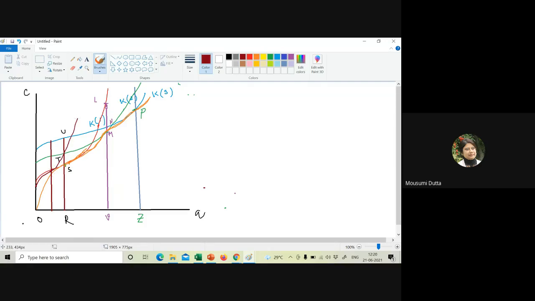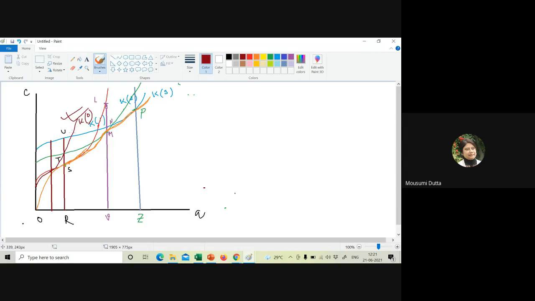This plant will be best if the output is a bit less compared to OR. In that case, there is a plant that is giving the minimum cost, the maroon one, not the red one, not the K1. Suppose it is K0. So this size is giving the optimum cost.